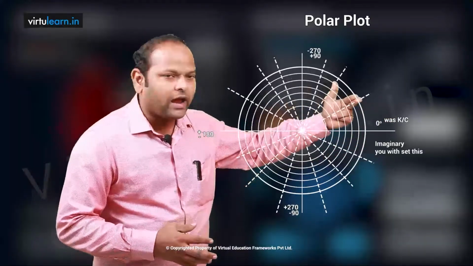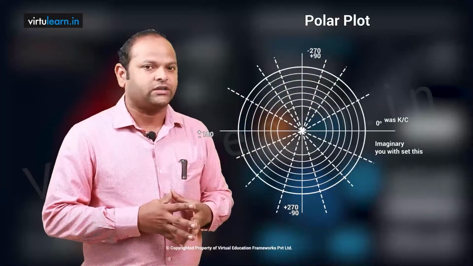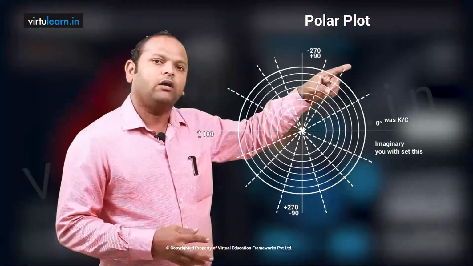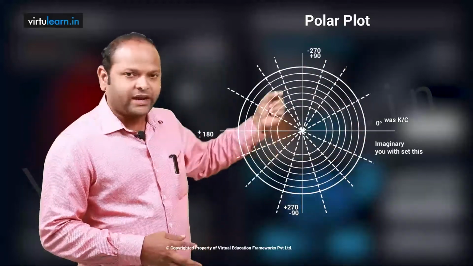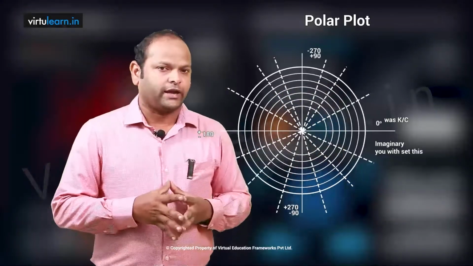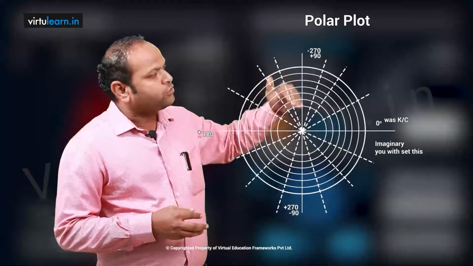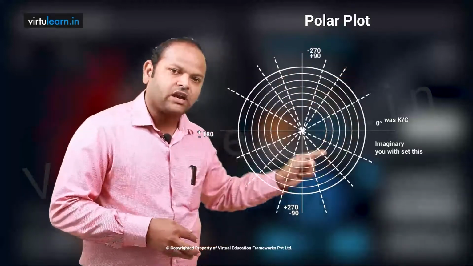And from zero angle, when you measure in counterclockwise or anti-clockwise direction, then you will get all positive values. Then if you go in the clockwise direction, the angles will be negative. So, positive angles always represent the anti-clockwise direction, negative angles mean clockwise direction.